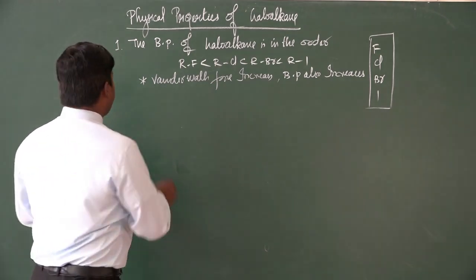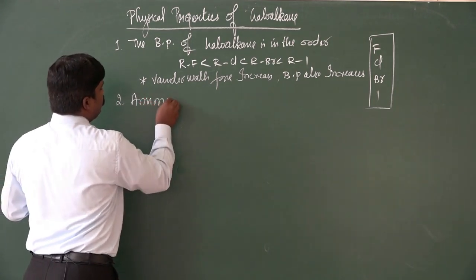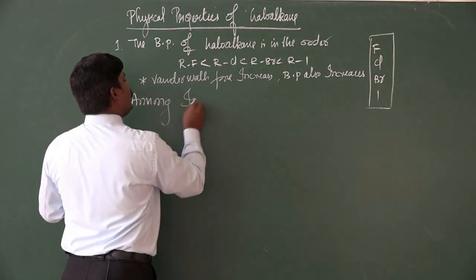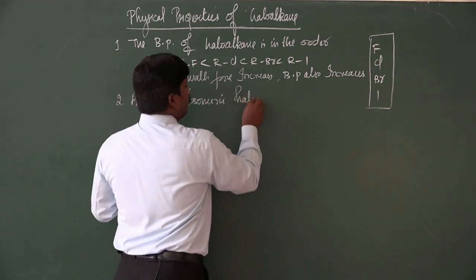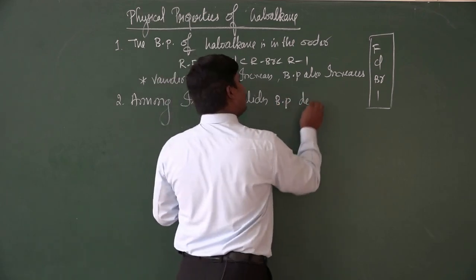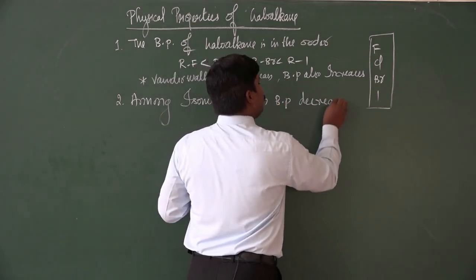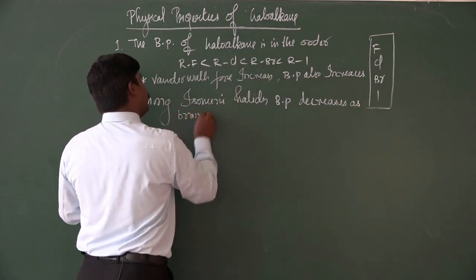Second one: among isomeric halides, the boiling point decreases as branching increases.